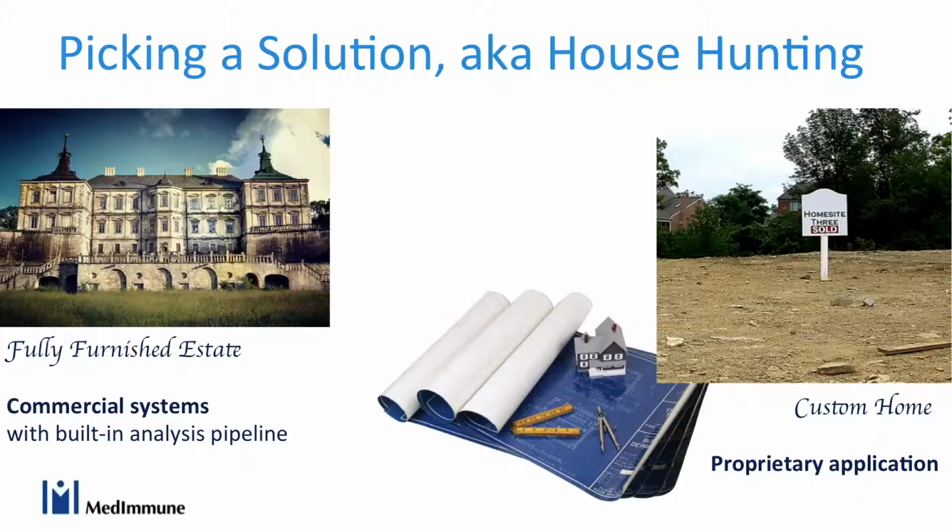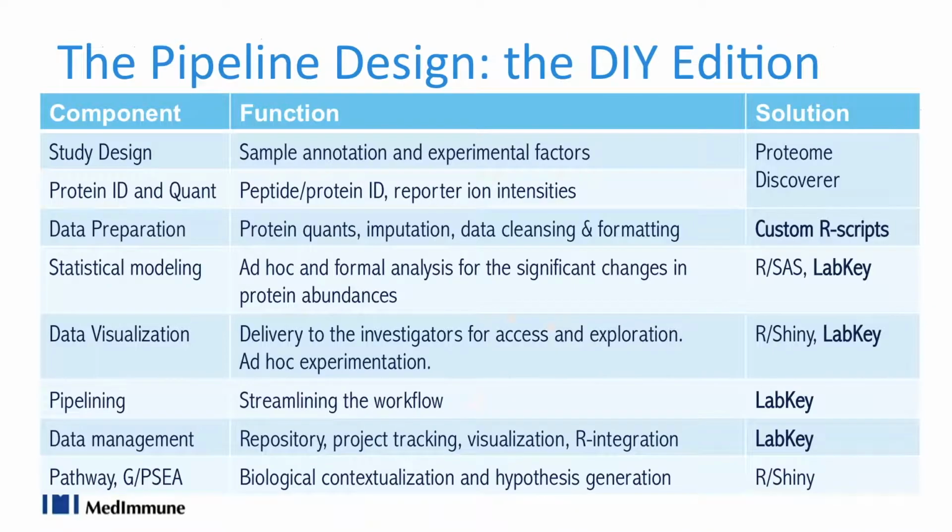What we decided to do at the point when that initial evaluation failed was to break down the overall workflow into different parts, where the tools that do the best for each part should still do that. For example, the database searching and protein identification, we're going to do in Proteome Discoverer or MaxQuant, the tools that people generally use.